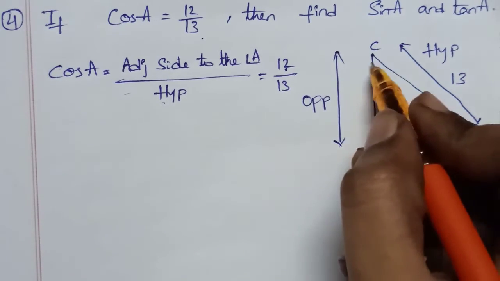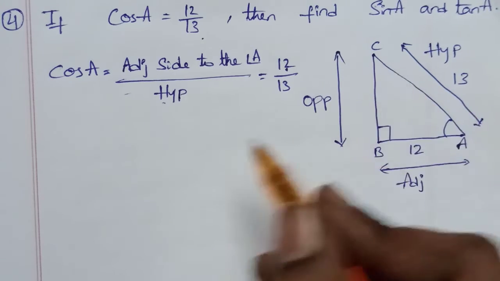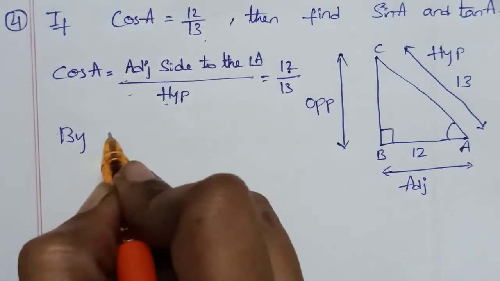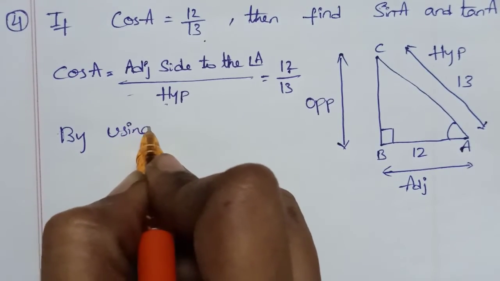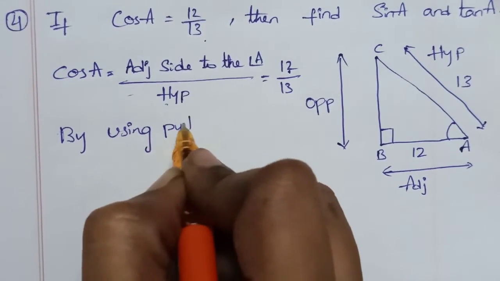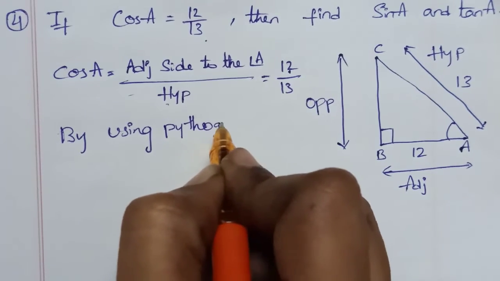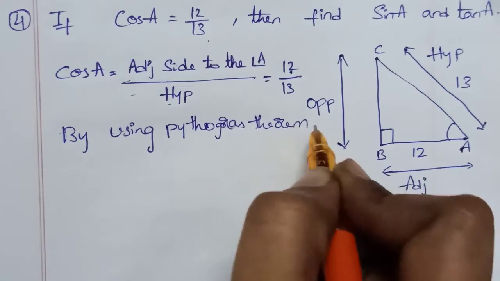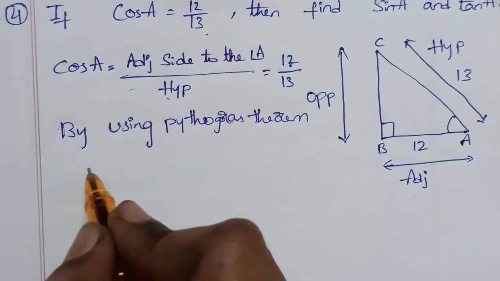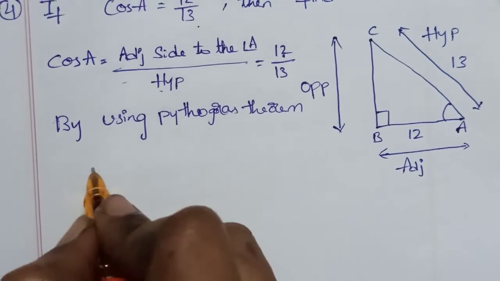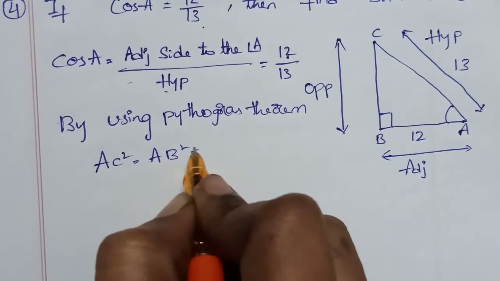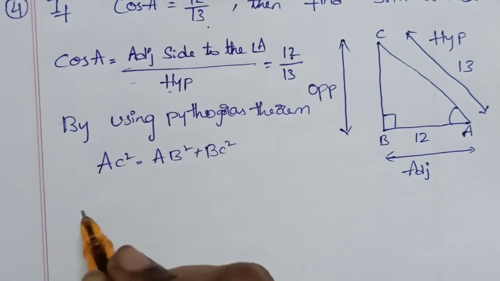Now we find the value of BC by using Pythagoras theorem. AC square is equal to AB square plus BC square.